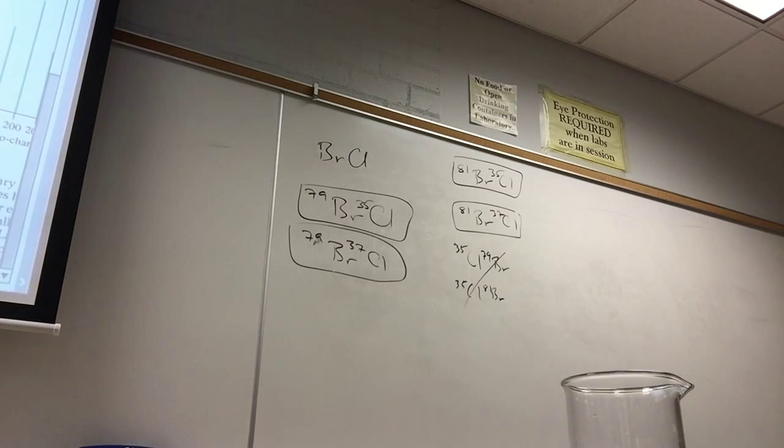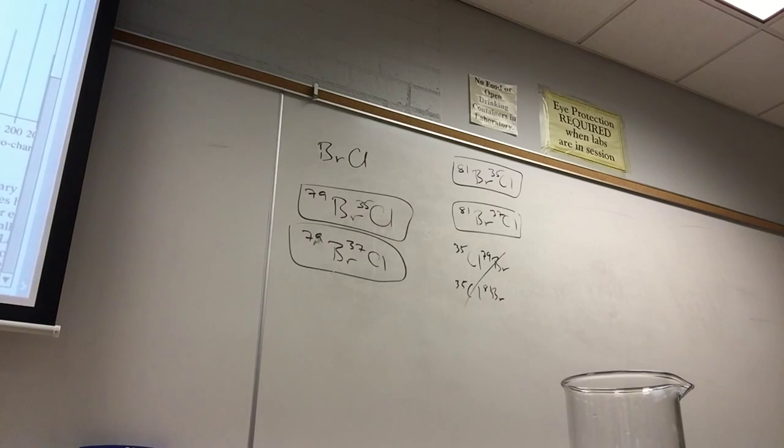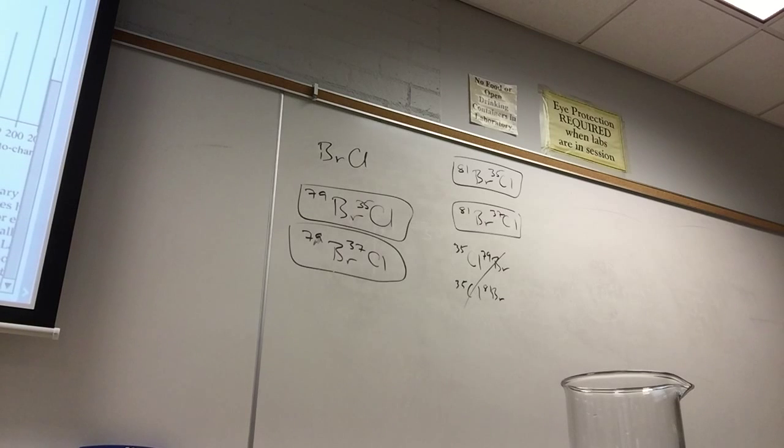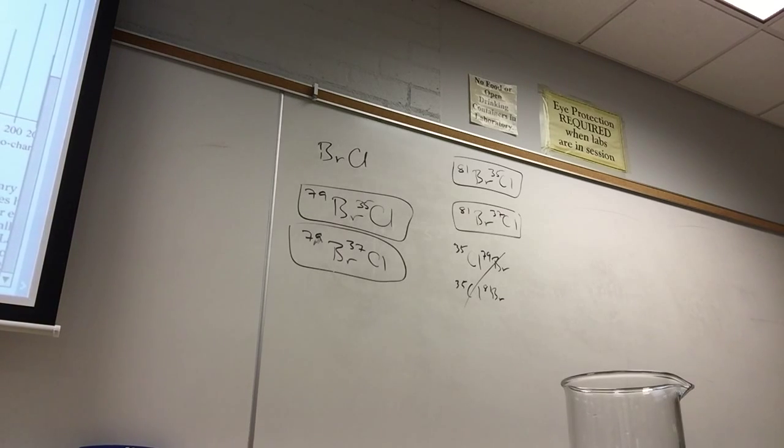If your ionization source is too strong, it could break apart the molecule and fragment it. And so you do a gentle ionization of this, and then you can see.